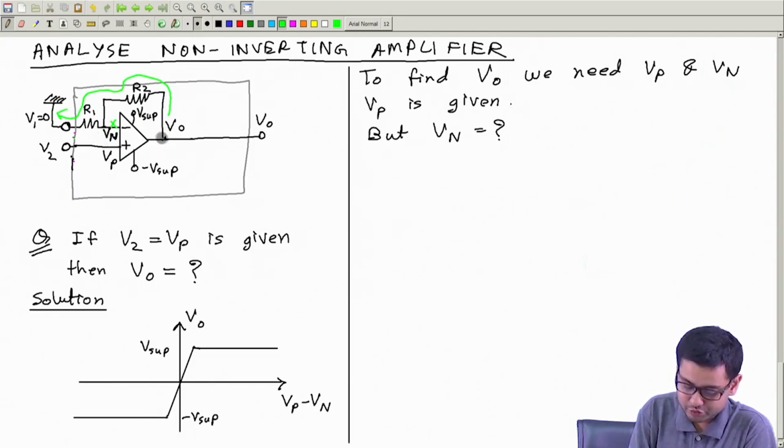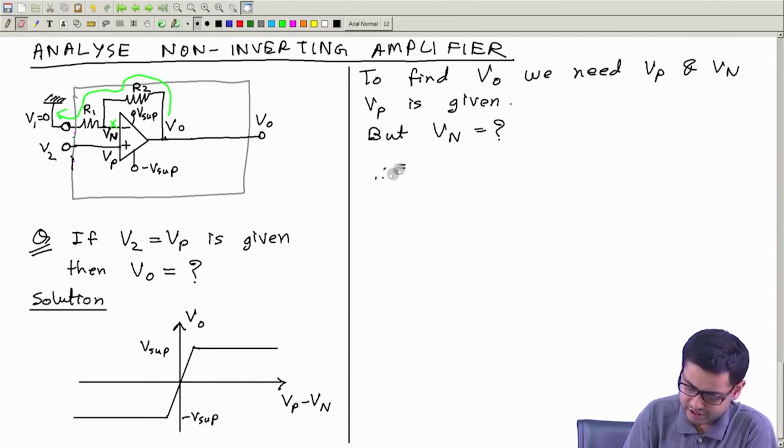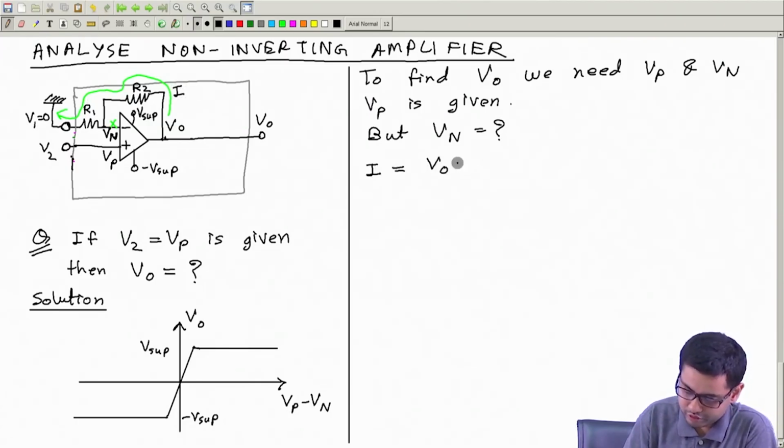Again, this is Vo, this is 0, so Vn is somewhere in between. So I can write Vn is equal to, or before that, let me also write I. Maybe that will be easy. So this current I is equal to Vo minus 0 divided by R1 plus R2.